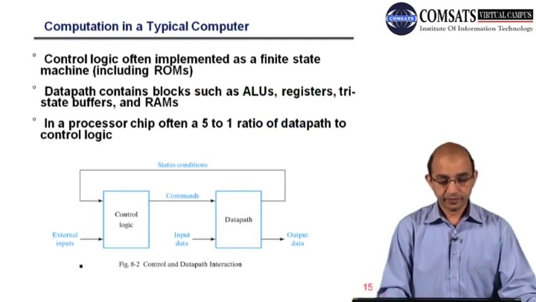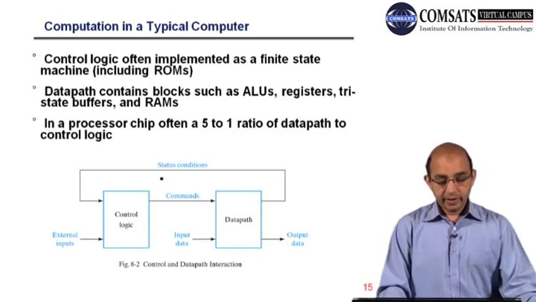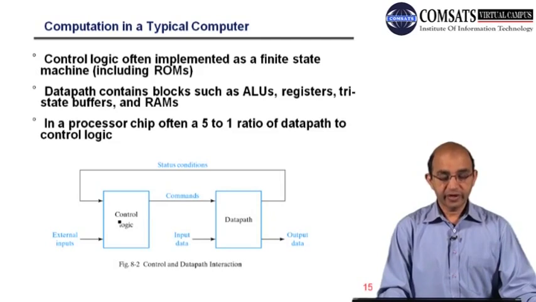So here we have the computation in a typical computer. Here we have mentioned different components, like you can see the control logic, this is the data path, and these are the commands, and this is the feedback for conditions. This is the control logic, and control logic is normally implemented with the help of finite state machines that include RAM.